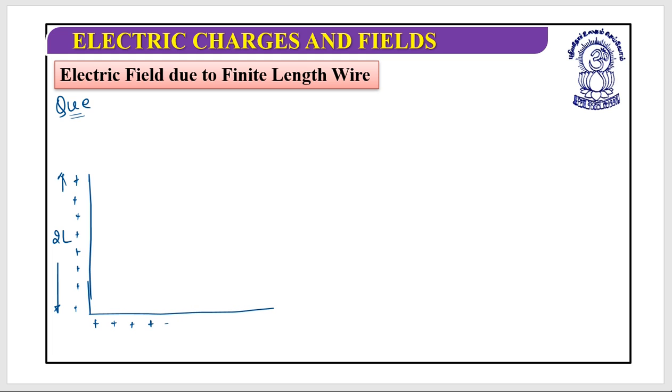This is another wire, also having length 2L. Here the midpoint is, let's assume, at this location. If I mark this as the distance, and this as the distance, at this point you require an electric field.